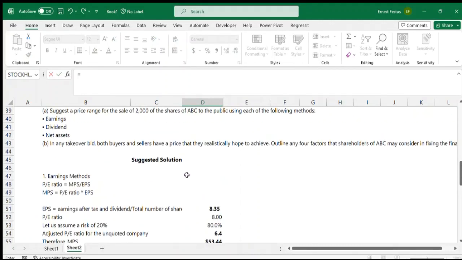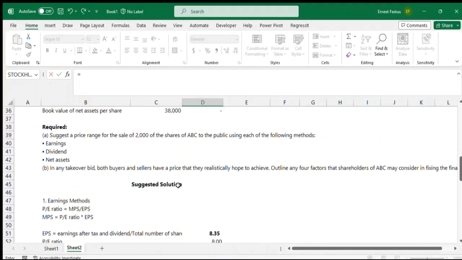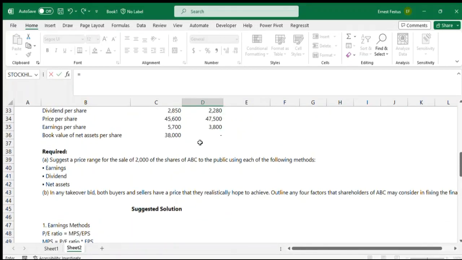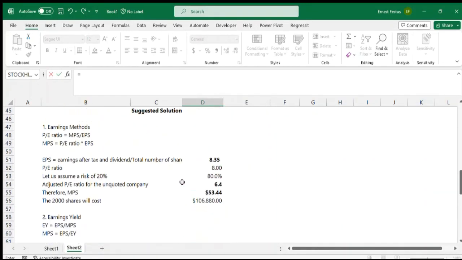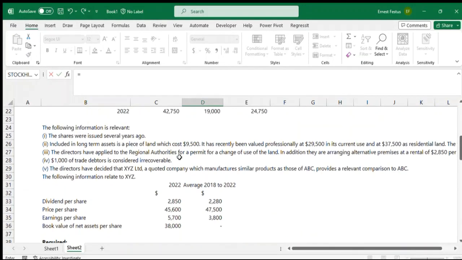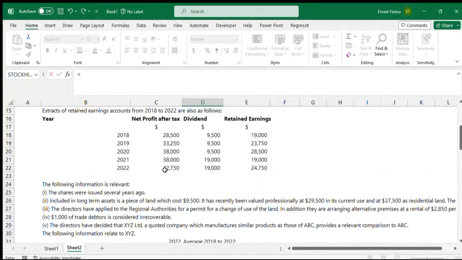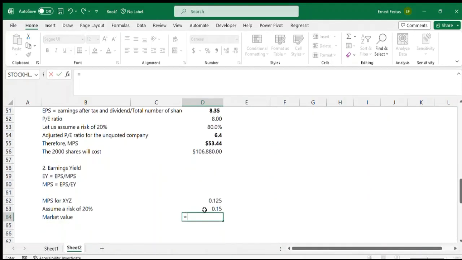We know our market value is going to be the earnings or EPS for 2022, which we have calculated to be 41,750, and we got that by taking the earnings, which is 42,750 for 2022, and subtracting the value of trade debtors. So that is 41,750.